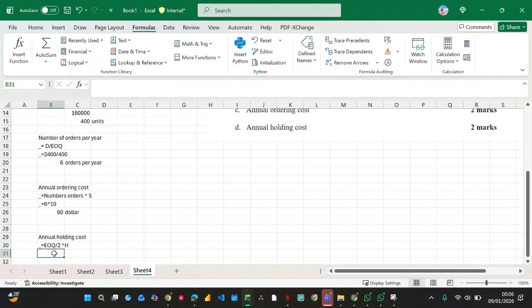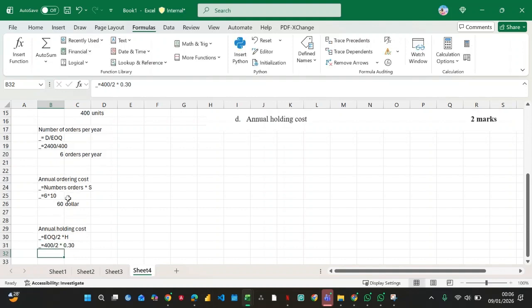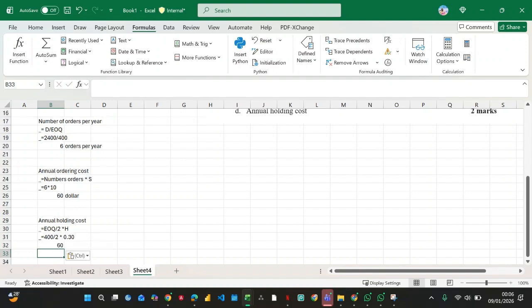That's the formula. The annual holding cost is the economic order quantity divided by 2 and then multiplied by H. So we now have 400 divided by 2 times our H, which is 0.30.